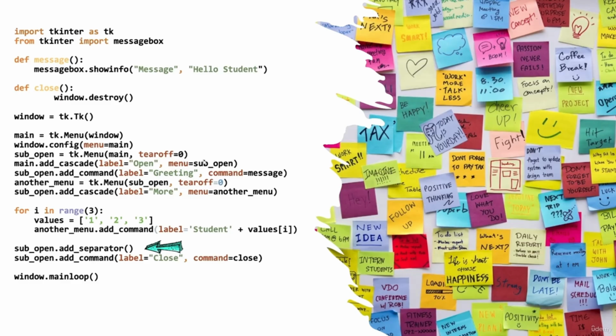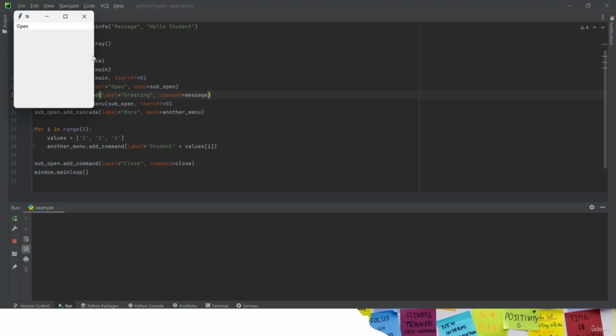And finally, I will use the add command method once again to add a menu item to our cascade, which will simply close the window upon engagement. So when we run our code, the following menu bar should appear containing a cascade within a cascade, and this cascade containing 3 more menu buttons. When we click on the close submenu item, the window should close as well.